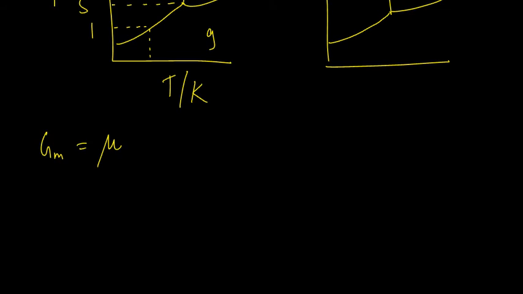The idea is that dG has to be less than 0 for a spontaneous process, right? It is equal to 0 when it's in equilibrium. If it's greater than 0, then the reverse process is spontaneous. Yeah, this is well understood.